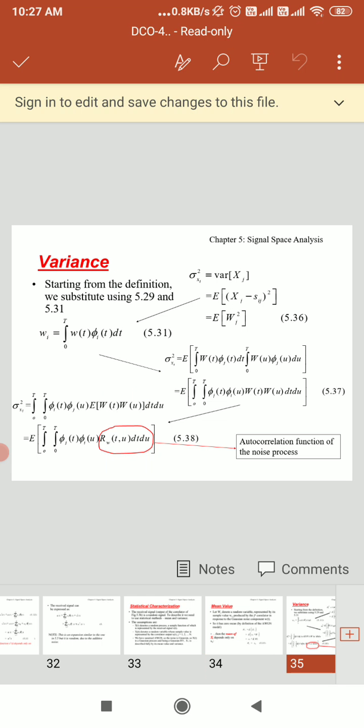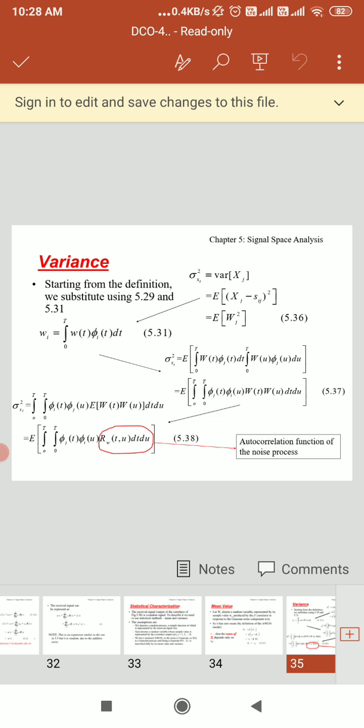Now we are supposed to see the variance. We are denoting variance by sigma. Here we are taking Gaussian white noise with 0 mean, wj equal to the integration 0 to T of w of t phi j of t dt. So here we will get that equation. Now we take the variance of the random variable xj.